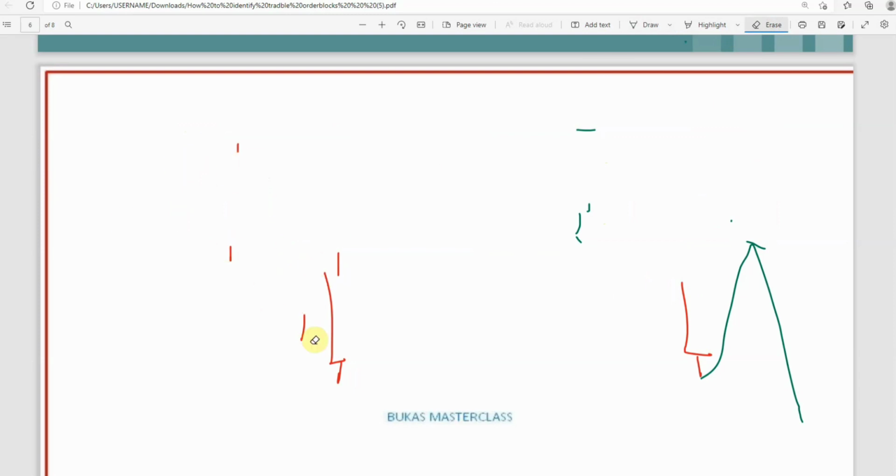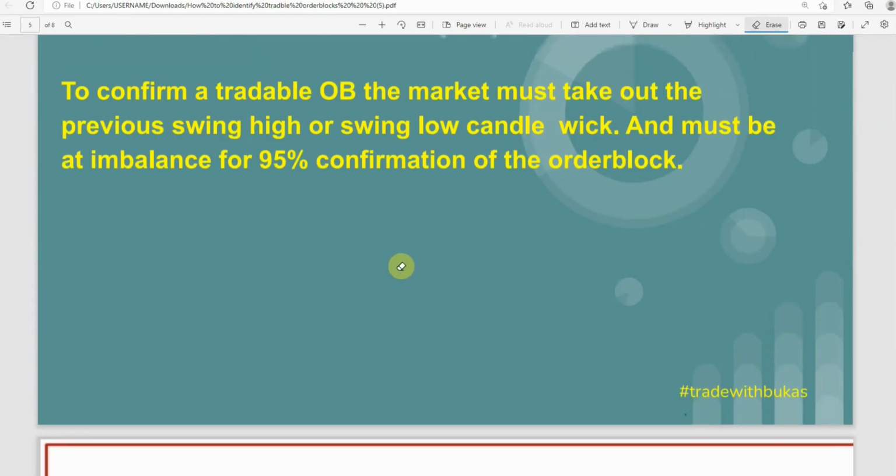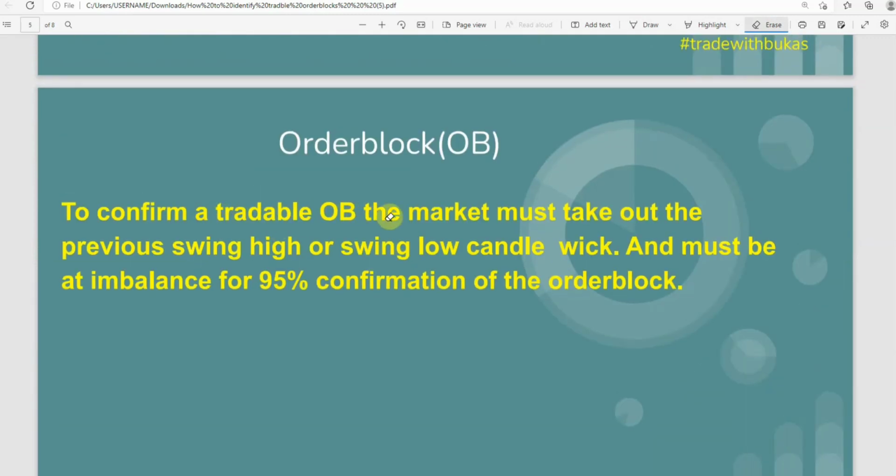So right here, let me show you in the chart, and also I want to show you one more point. To confirm a tradable OB, the market must take out the previous swing high or swing low candle wick, and again must be at imbalance for 95% confirmation of the order block. The OB must be at what?